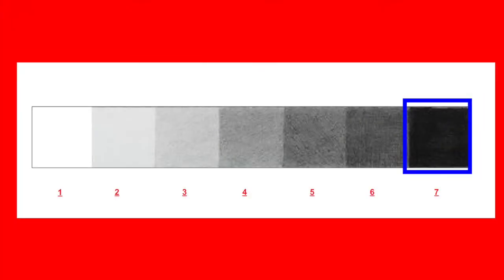Great, so we have our 3 fruits finished and blended using our value scale. Now the final step, using value 7, which is your darkest colour, colour in any blank areas that you see.